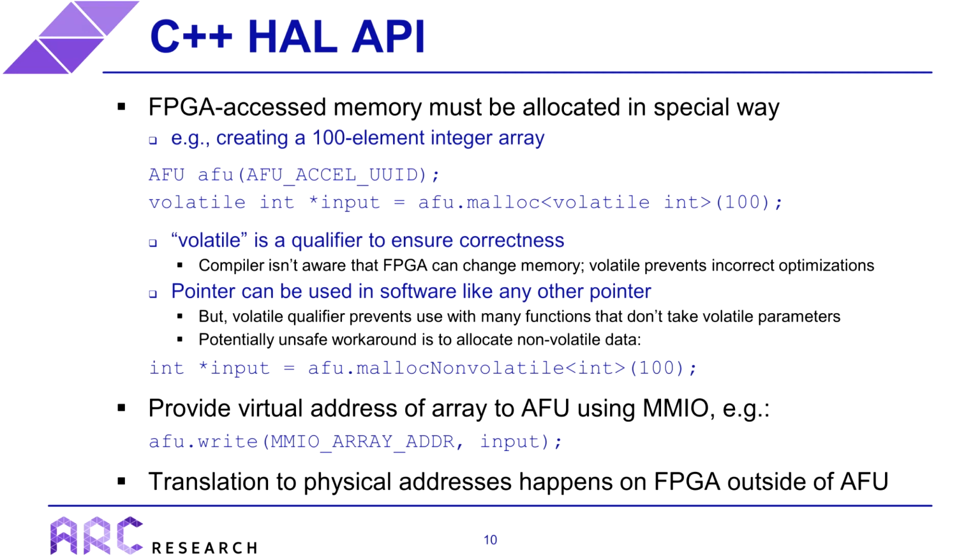Now, there is a potentially unsafe workaround that allows you to use non-volatile data. And I added this because once you have a pointer to this data, you have to initialize its contents somewhere, and you're doing that in software almost certainly. And depending on your application, you might have a bunch of libraries that you call that you pass this pointer and it will initialize the array with certain contents.